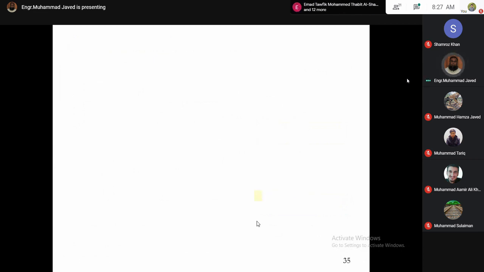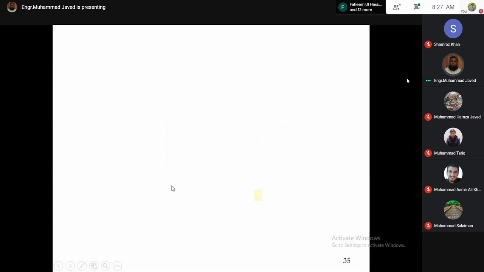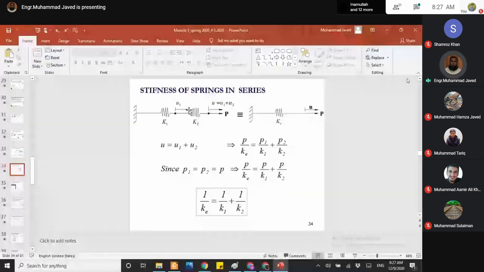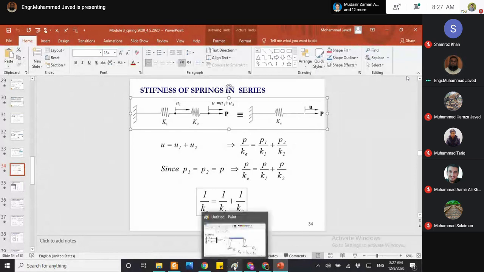Now its practical application. If here a cantilever beam is given and a rod is attached, in this case, in case when the springs are connected in parallel, the external force is distributed along all the springs.